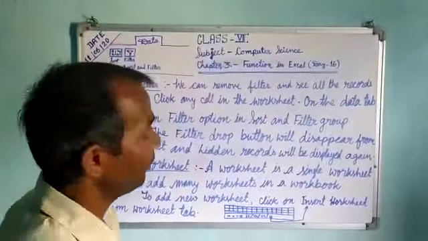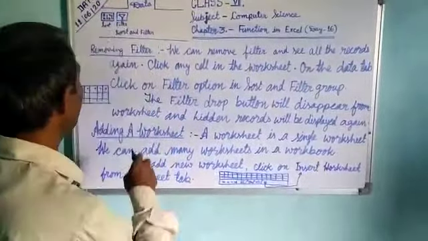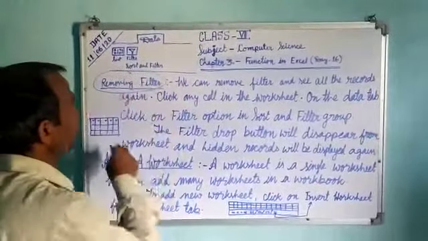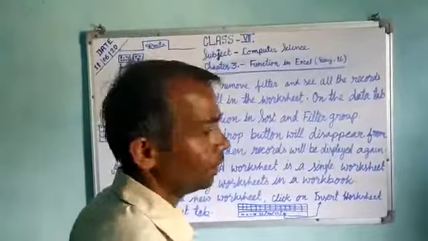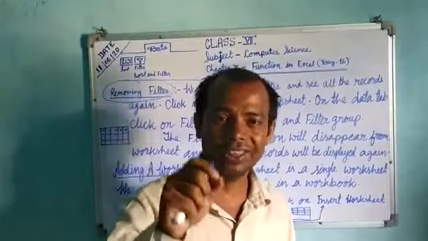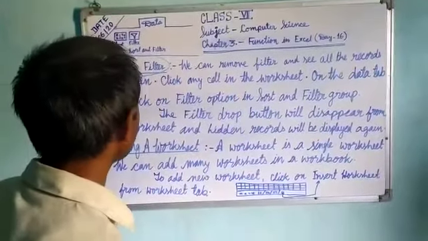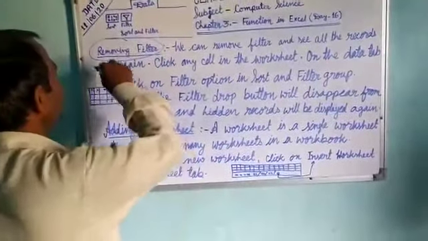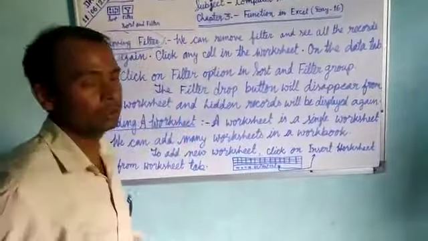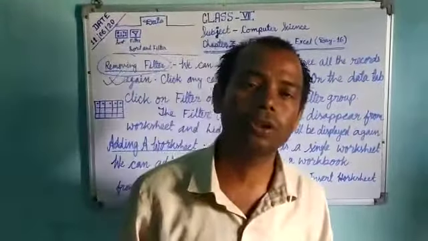And in this video I will talk to you about how we remove the filtering. After filtering we get only the specified data, not all the data, but after removing the filters we can get the original data.